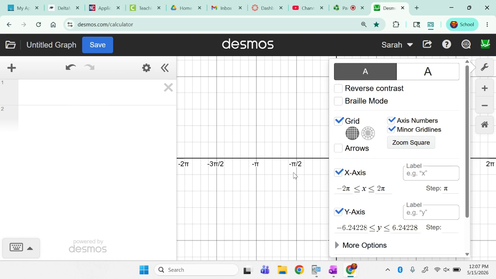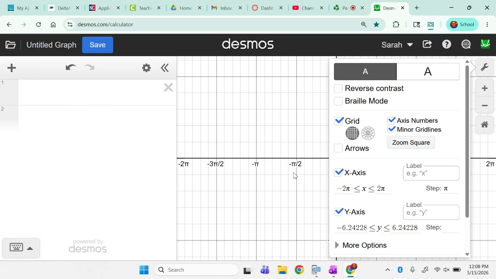All right, so does everyone have their graph looking like mine? Anyone else need help?